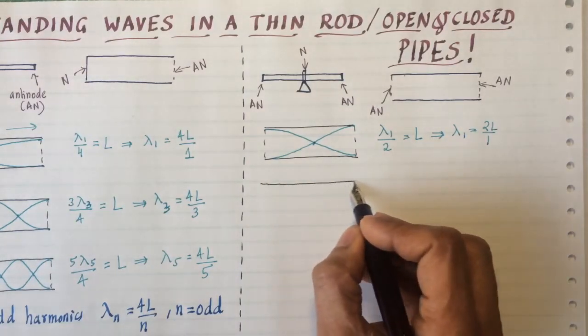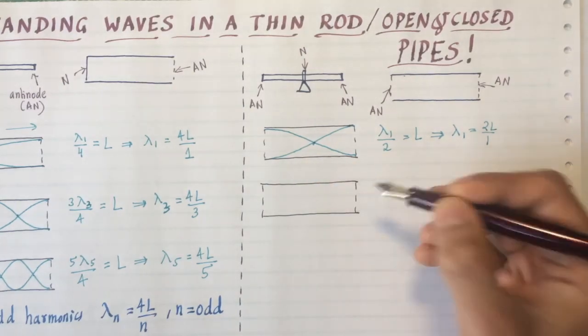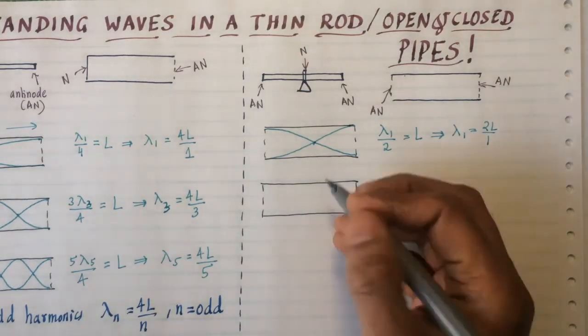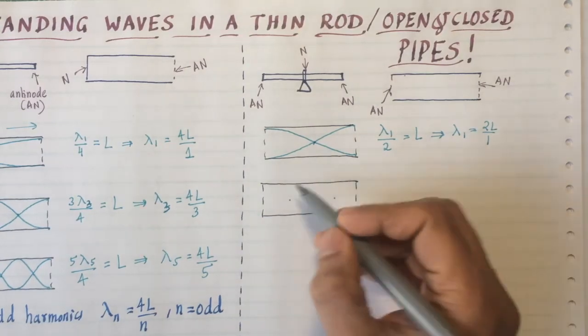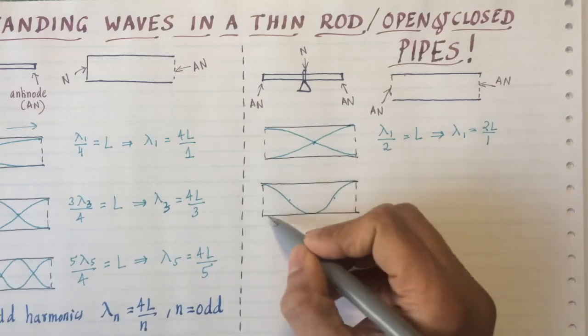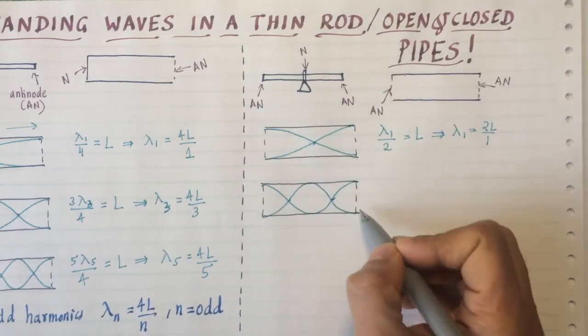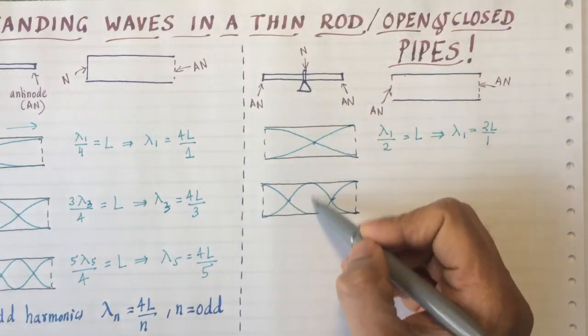Let's try the second one. Now this time I'm going to have two of these nodes, and you can already see that this is impossible to have for the rod clamped in the middle, because the rod clamped in the middle has to have a node in the middle, and this has an antinode in the middle.